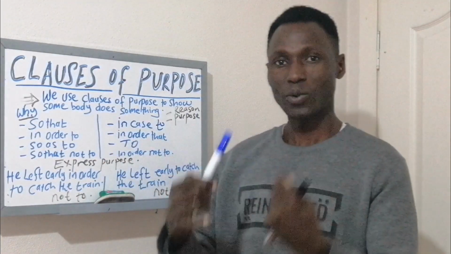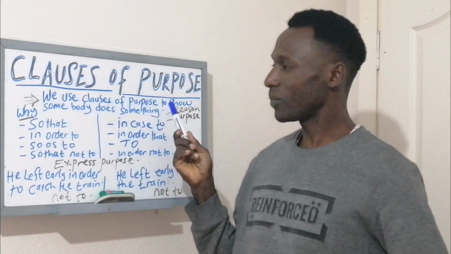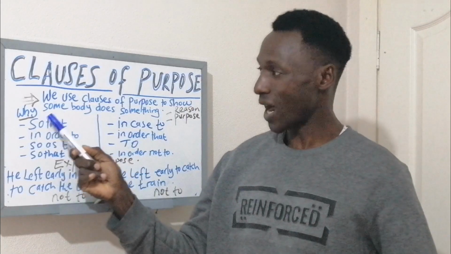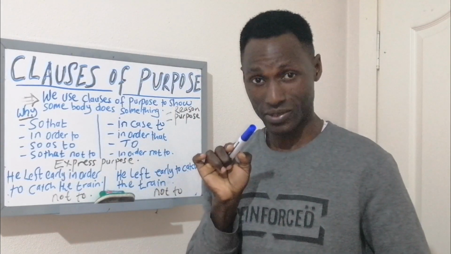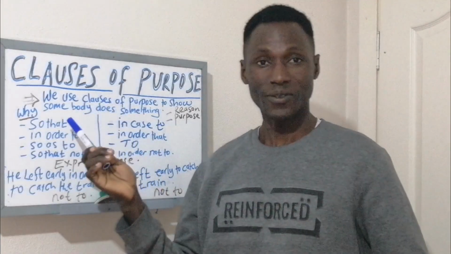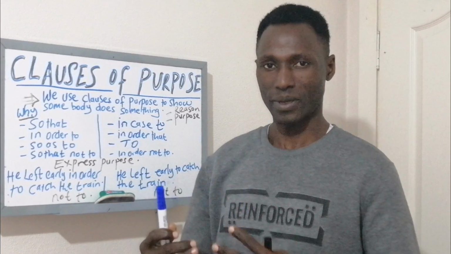That's why I put something here for you. We use clauses of purpose to show why somebody does something. That is the reason I'm talking about. The following are some of the examples of clauses of purpose.